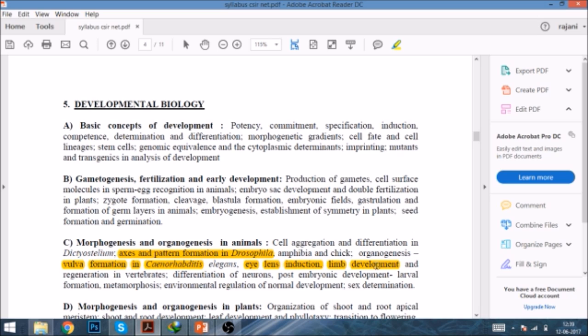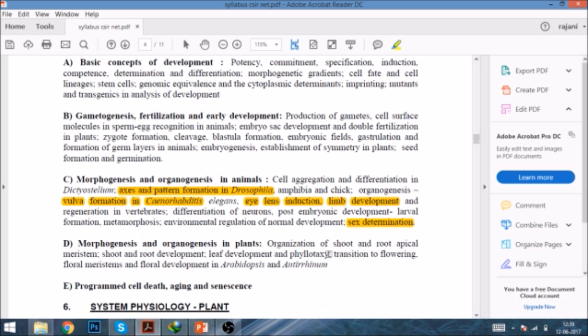So this can be linked with apoptosis, or a question based on limb development and apoptosis can be asked in integrated form. Sex determination is also a very important topic. So these are some important topics we must revise before our examinations.